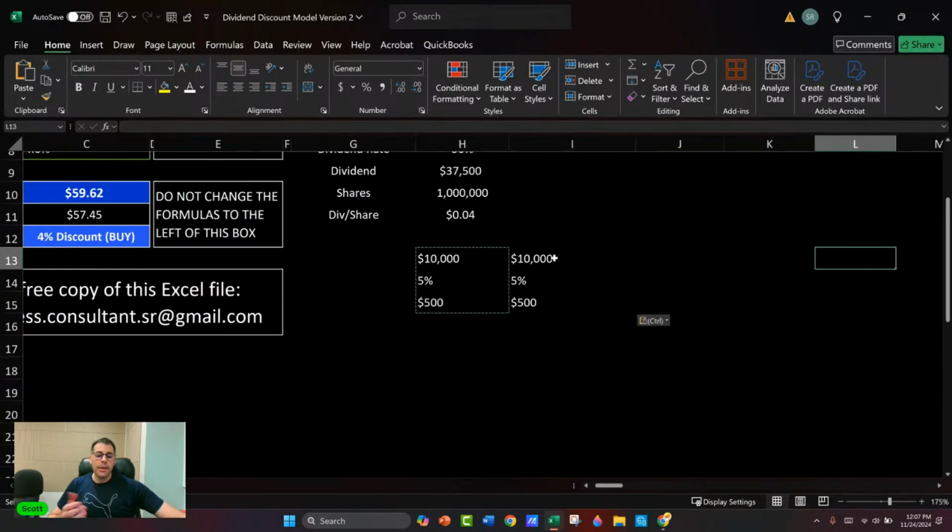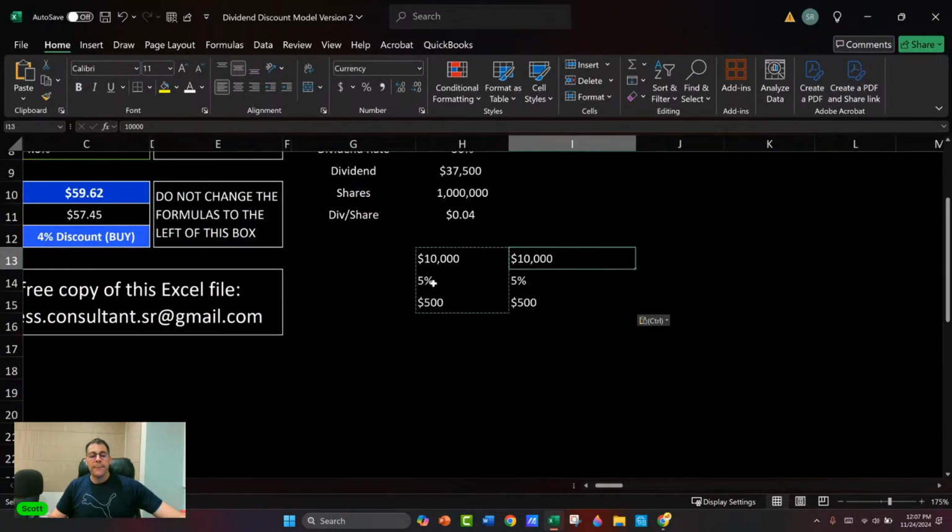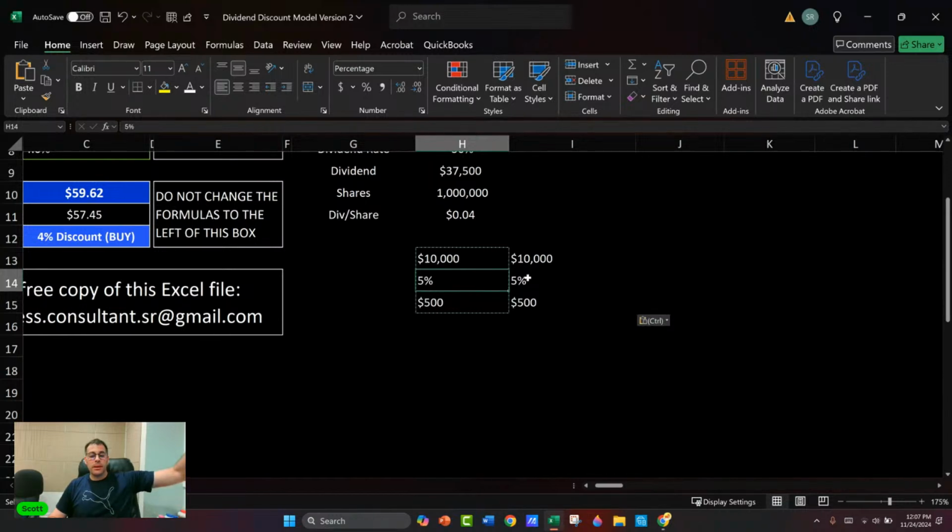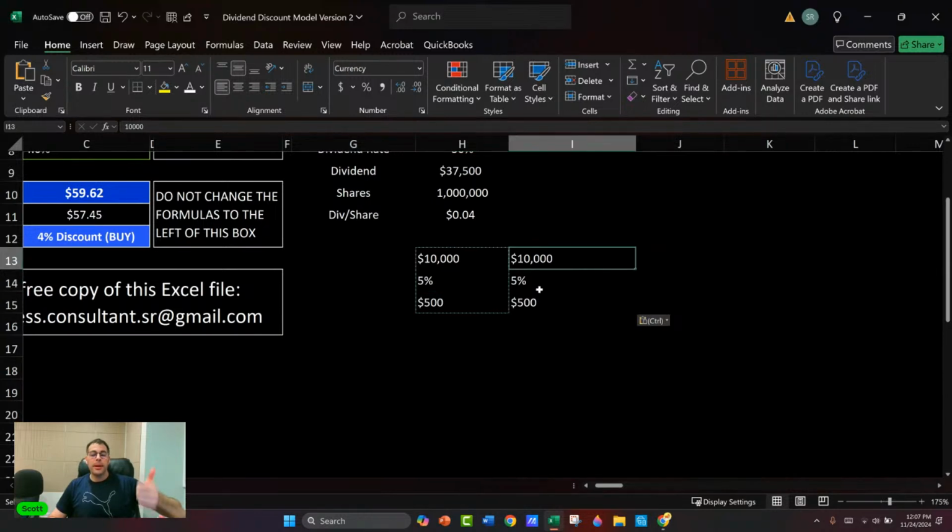This is pretty much how bonds work. So in a high interest rate environment, you get a 5% return on this bond. But if interest rates start to come down, then the cost of this bond goes up.